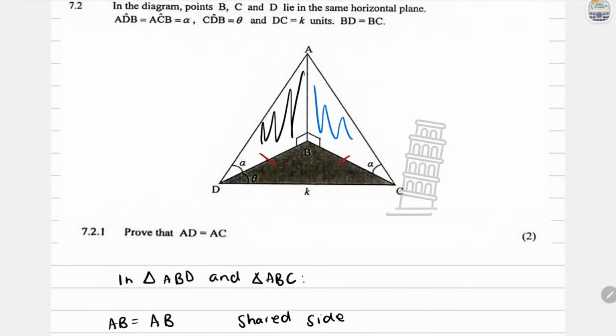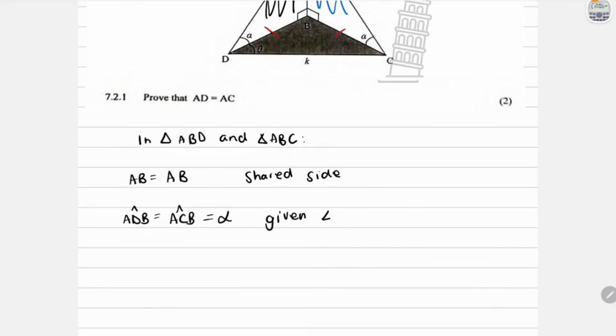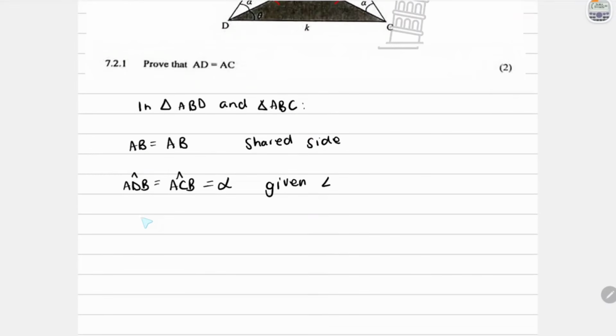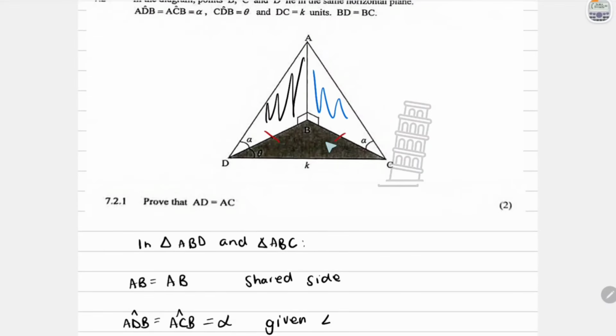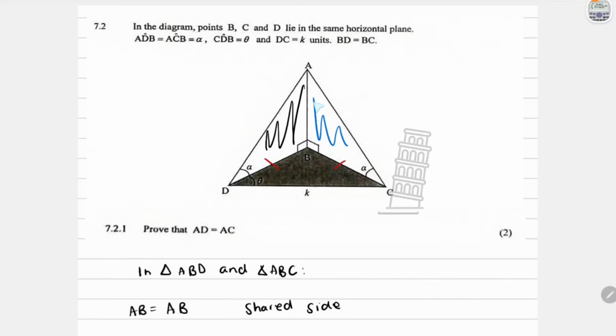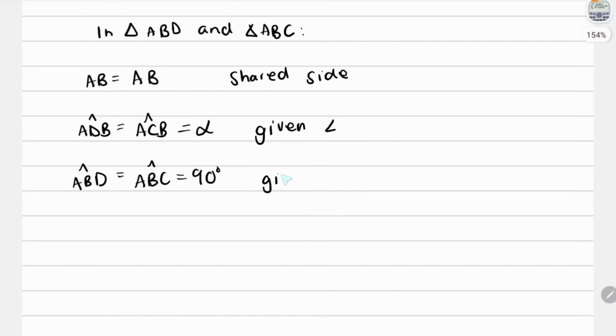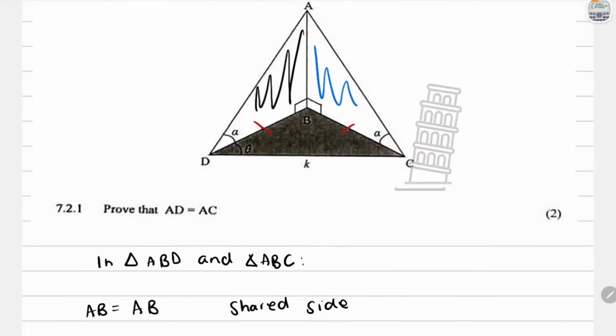What else is equal in these two triangles? Well, they both have 90 degrees. So let's just go ahead and tell them that. I guess we can call it angle ABD. So angle ABD is equal to angle ABC, and that's both equal to 90 degrees. That is given as well because they showed us the sign of 90 degrees there.